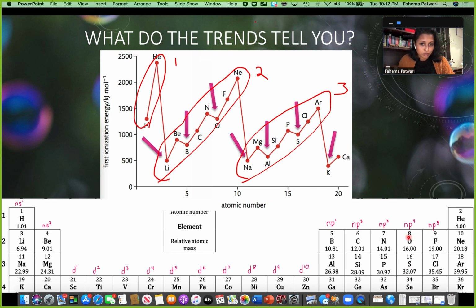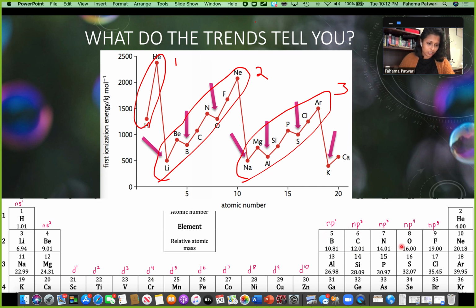So let's look at oxygen first. Oxygen has 2 electrons in 2s and 4 electrons in 2p. So 2p can fit 6, right? If 2p is full, it will have 6 electrons, which is stable. And if 2p is half full, it will have 3 electrons, which is also particularly stable.